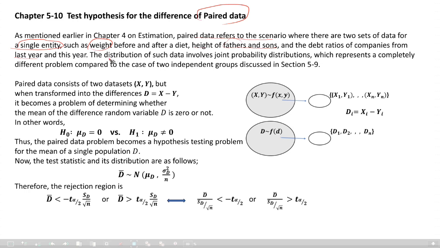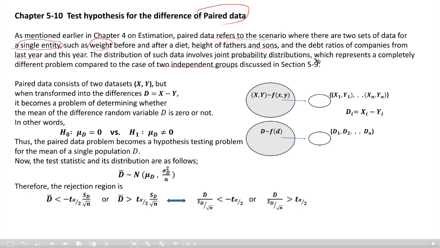The distribution of such data involves joint probability distributions, which represent a completely different problem compared to the case of two independent groups discussed in section 5.9. So you have to know what your problem is, what you want.